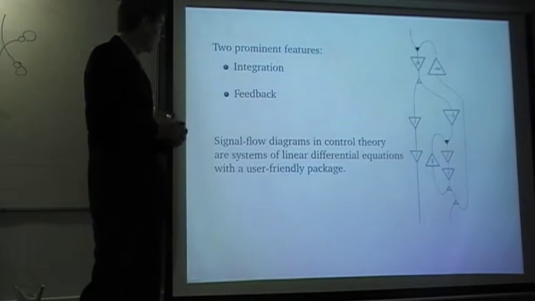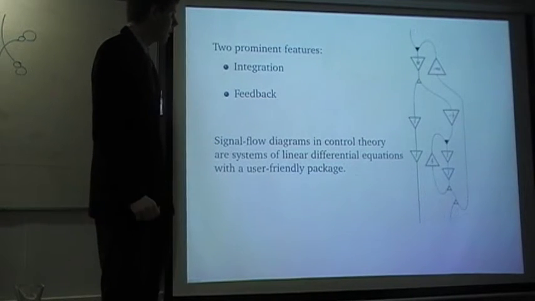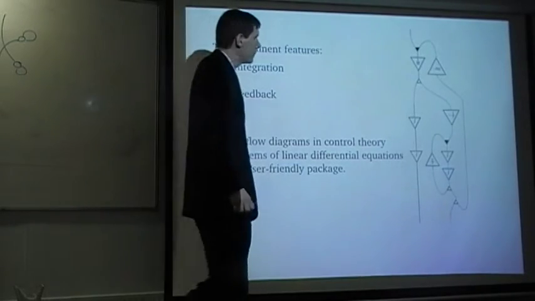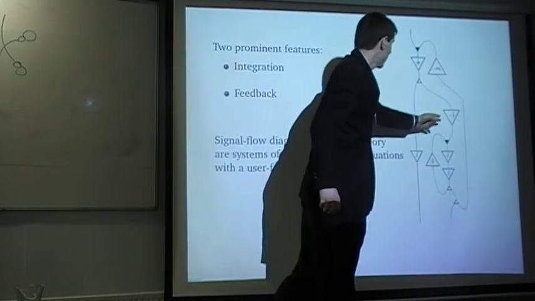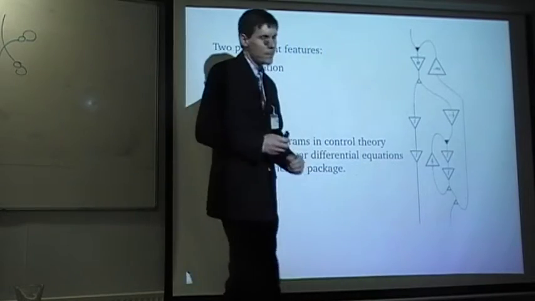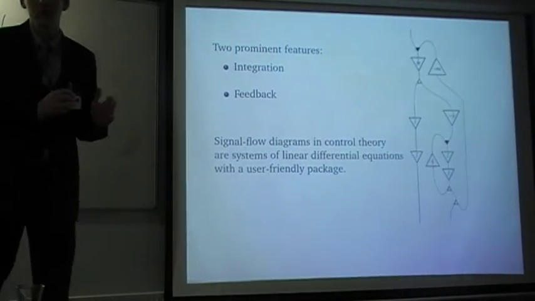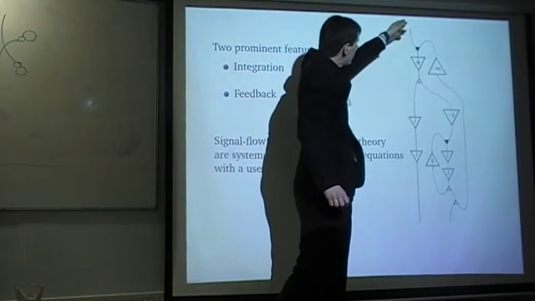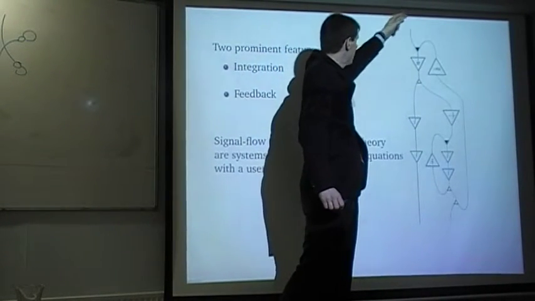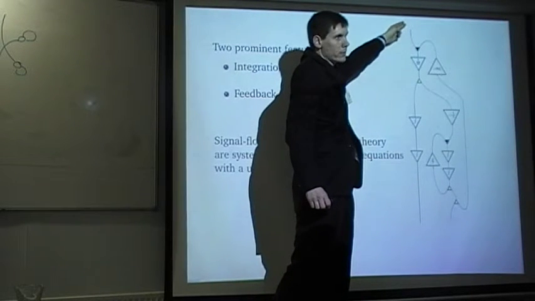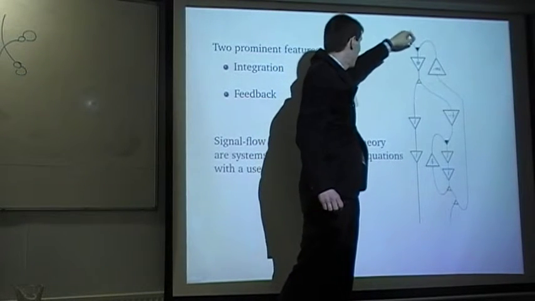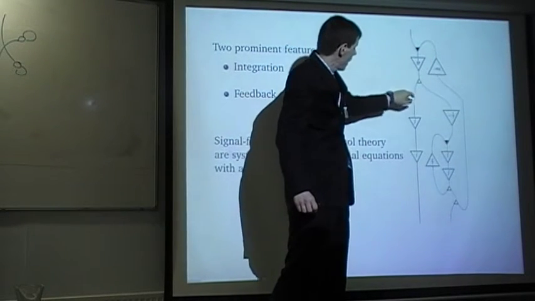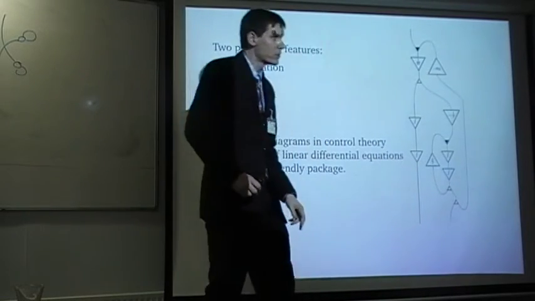There are a couple of features of this signal flow diagram that I want to point out. We've got multiplications that are going on, and we've also got integration. And this integration is basically we're taking a signal that is giving us the force that we're applying to this cart, and then we're adding it to some other signal, and then we're multiplying it, splitting it, and then integrating it over here to get the position of the cart.